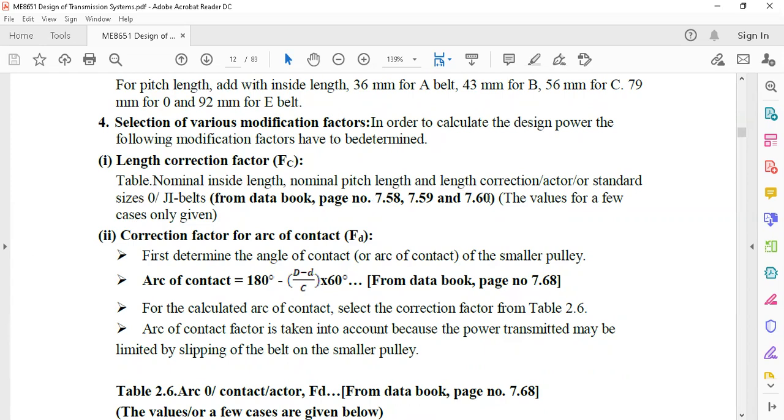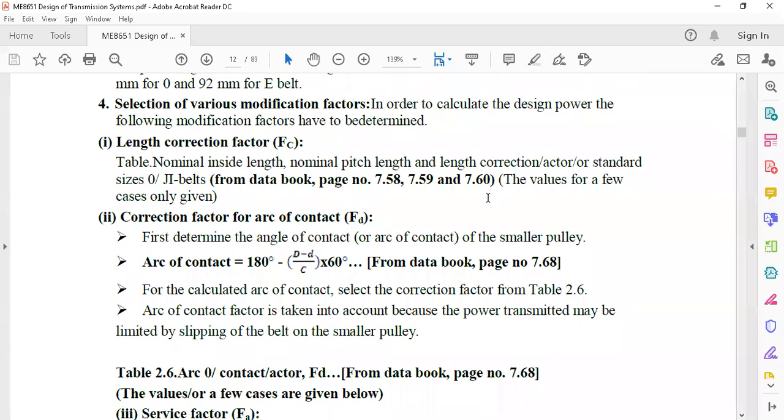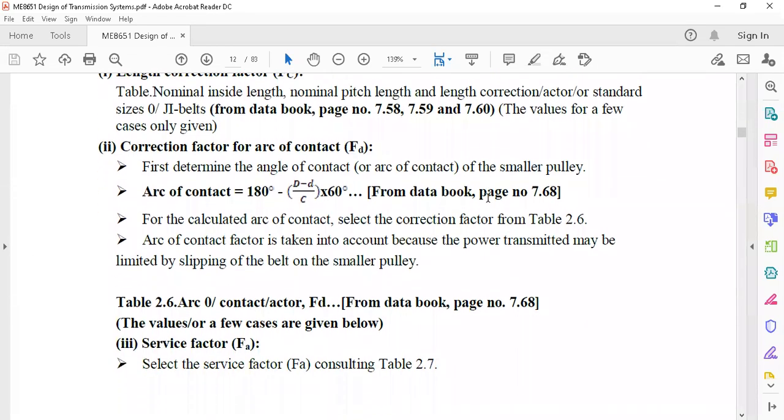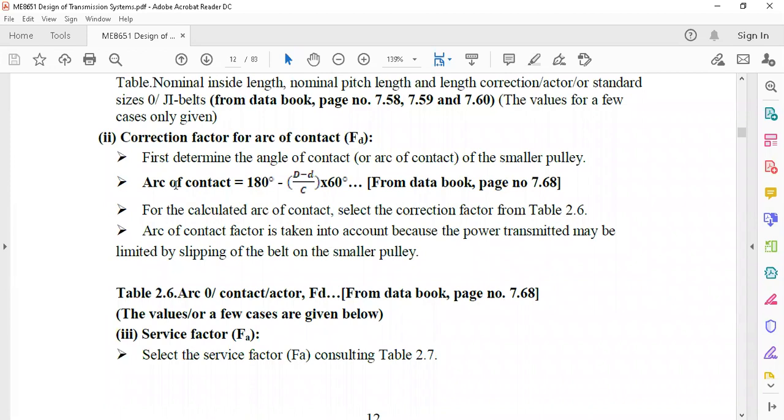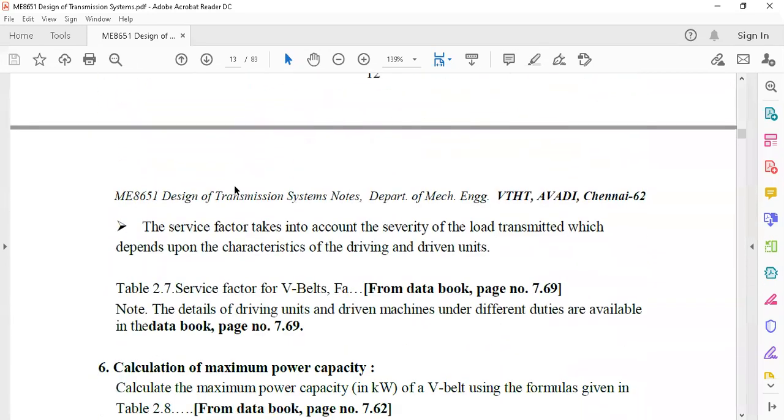The correction factor of the arc of contact is also taken from page number 7.68, and the same formula is available on the prescribed page itself. If you have any clarifications, go through the data book, and it can also be taken from page number 7.68 and table number 2.6.